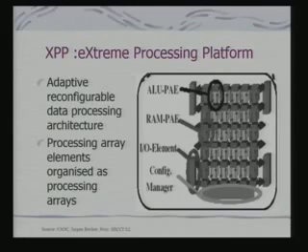This is an example of the XPP, extreme processing platform. I have just shown the extreme processing platform part. This would be interfaced with, again, a microcontroller core by a semiconductor designer. So what it has got is an array of ALUs. These are all ALUs, an array of ALUs.